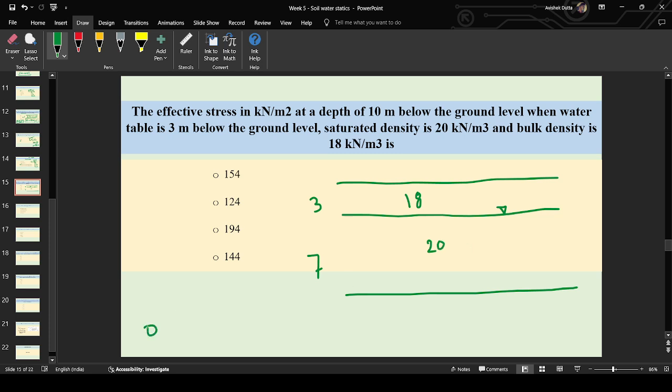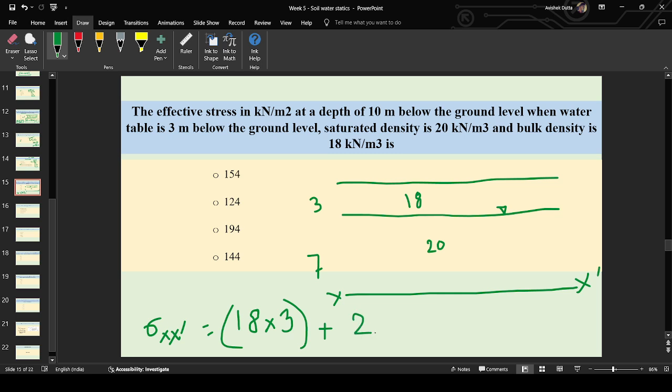So the effective stress at the point, suppose this is x dash, will be equal to the first layer, 18 into 3. There is no water there, so total stress equals effective stress. Here 20 is the saturated density, so I have to take the submerged one, and I have told you to take gamma W as 10.